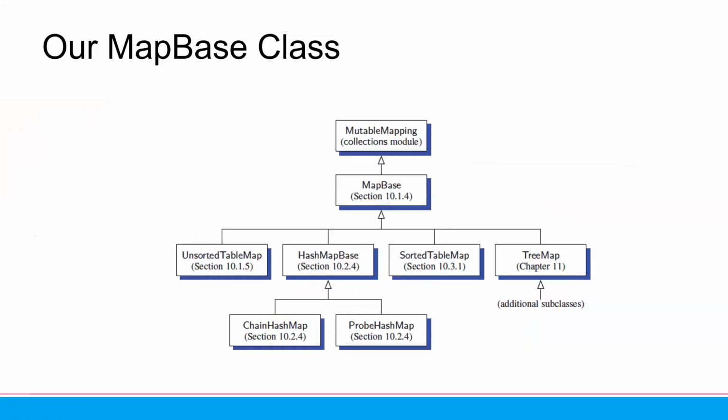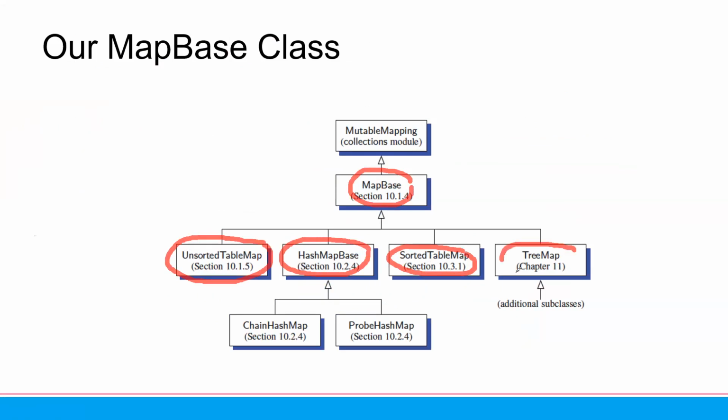In the map, actually, they have a structure. They have the class, and they also make the subclasses. So from the map base, we can have other kinds of maps. We call it unsorted table map. We can have hash map base. We can have sorted table map.